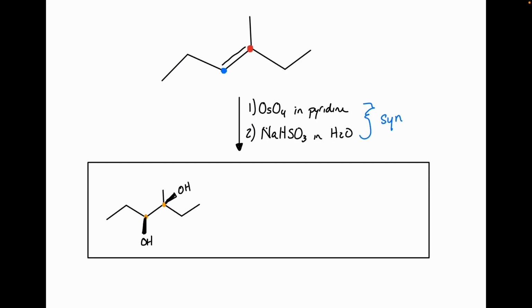All right, and again, I don't want to touch that zigzag backbone. I'm just going to change what's sticking off. If I put that OH group on a wedged bond, that means my methyl group has to be on a dash. This one's a little closer, but still is not a meso compound.